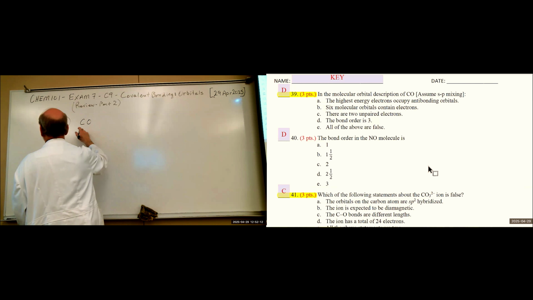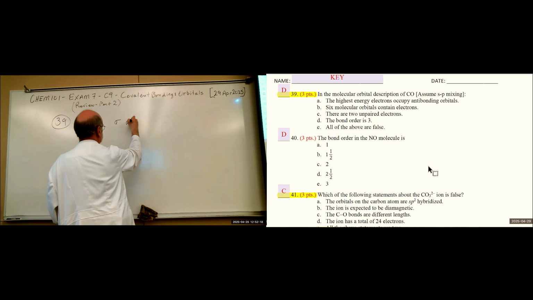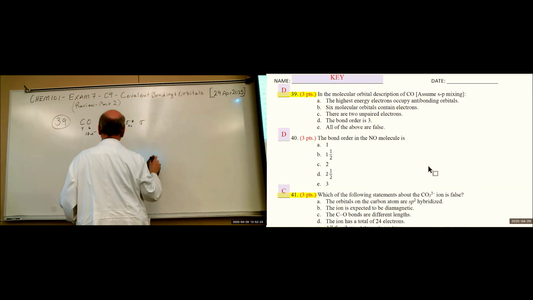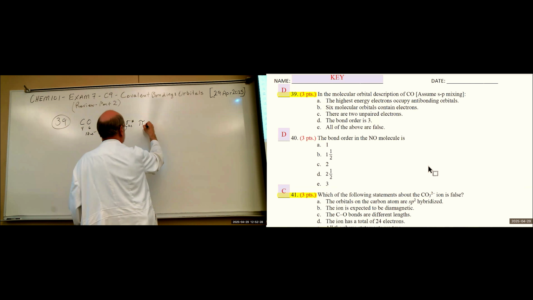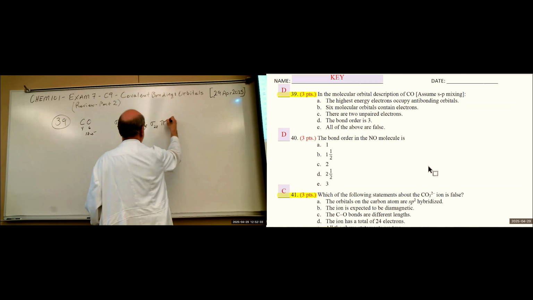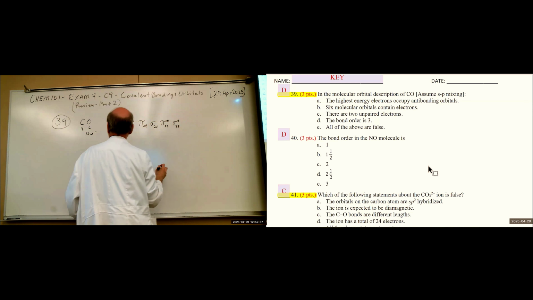This is carbon is 4 and 6 is 10 electrons. So sigma, sigma star, 2s, 2s. Oops, mixing. Pi, 2p, sigma, 2p, pi star, 2p, sigma star, 2p.